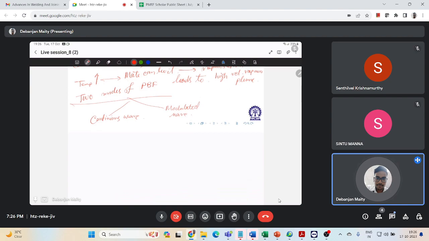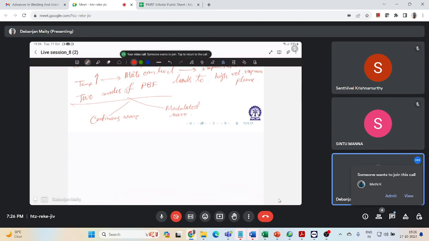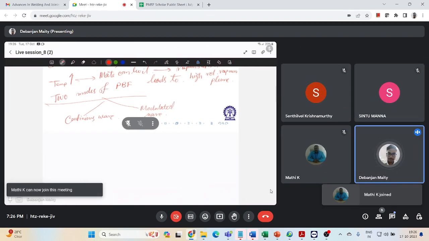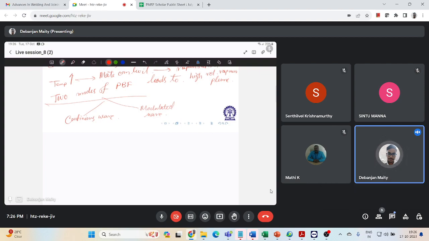Now your laser power and spot size are highly dependent on the machine also. The power is the source of the heat flux, right? Your laser power is your source of the heat flux, which is transferred to the metal powder, while the spot size is the diameter of the focus beam, which can be altered depending on the focusing system.